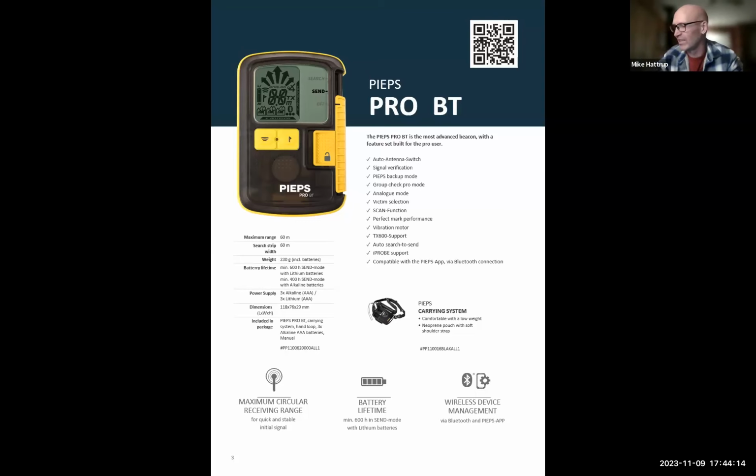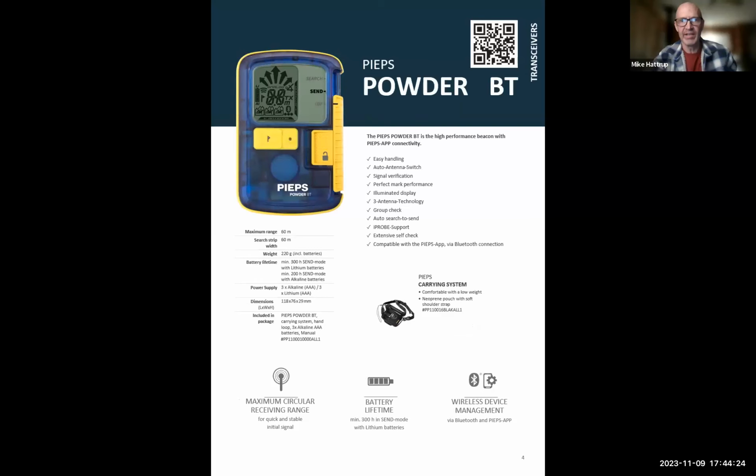So the Pro BT is also, if you can see in my screen, the Black Diamond Guide BT. And the next beacon, the Powder BT, is the Recon X. This is most likely the beacon that your students will have, so I'll focus most of the conversation on this beacon.